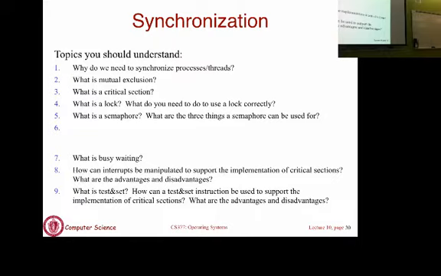The same is true of semaphores. You need to understand what semaphores are. They are special variables that you can increment and decrement using 2 methods called wait and signal. Wait decrements the value of a semaphore, and if the value goes negative or is already negative, it causes that thread to block.